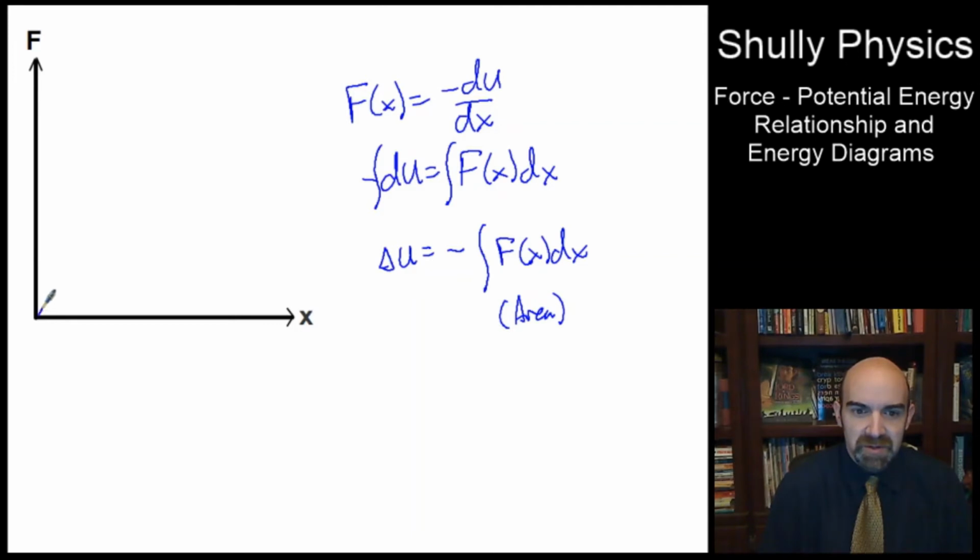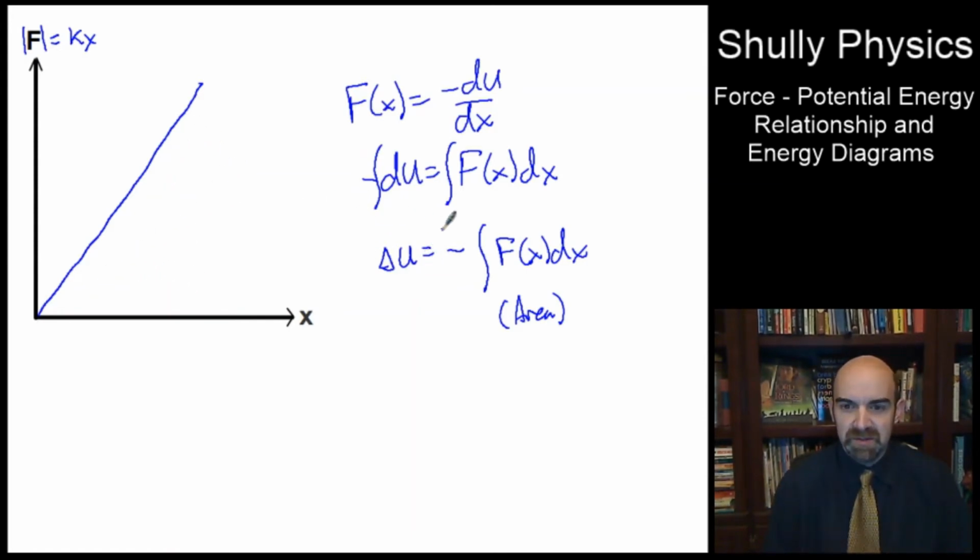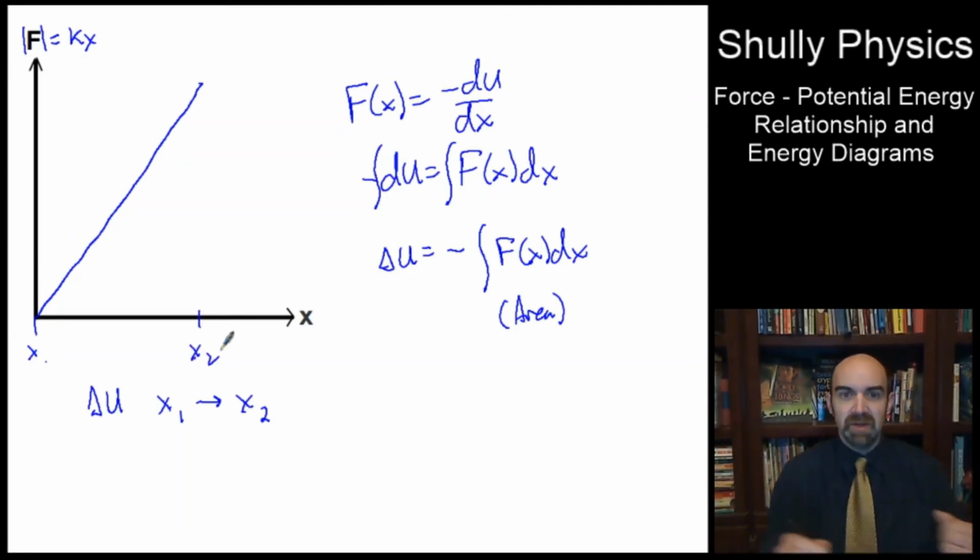For our spring, if this is a spring force, F equals kx, at least in magnitude. All right, and if we start looking at this now, F of x dx is equal to potential energy. If you ever ask what's the change of potential energy from x1 to x2, so from starting position to some final position over here, if we stretch that spring out, that's going to be the area underneath.